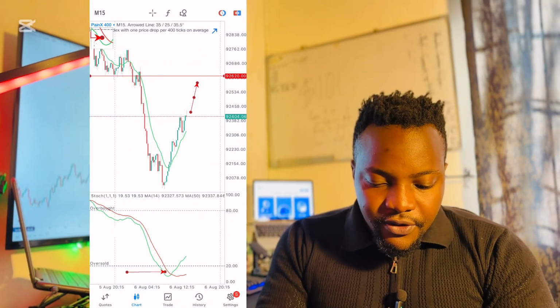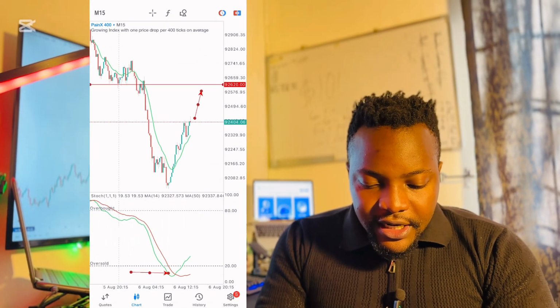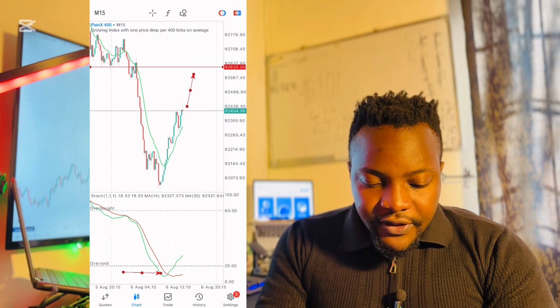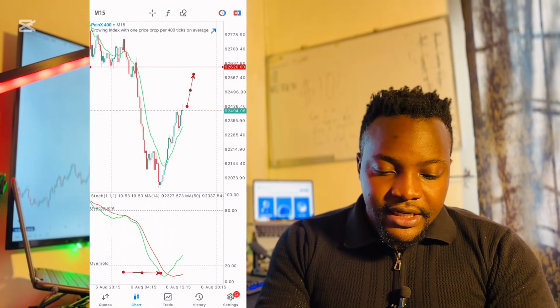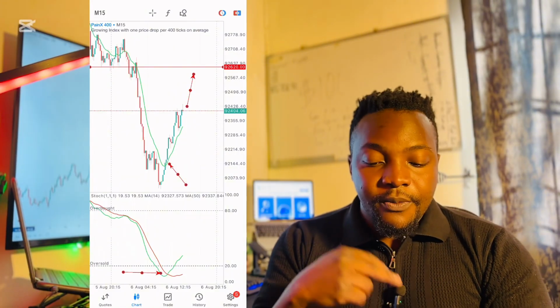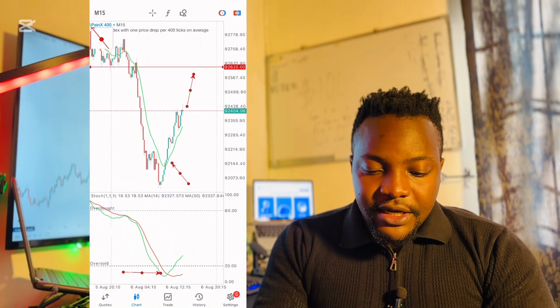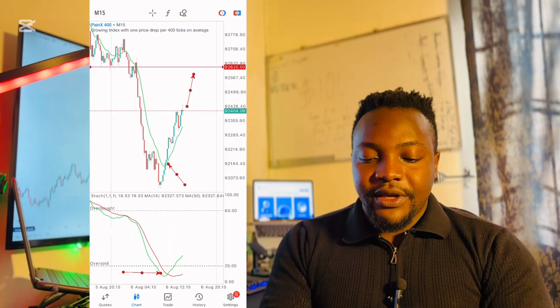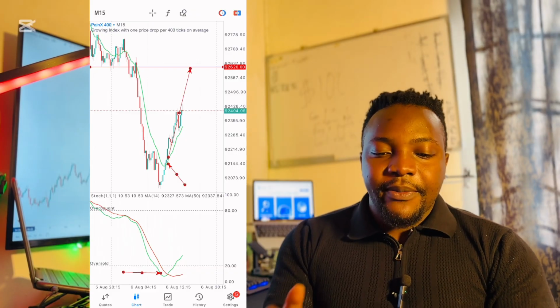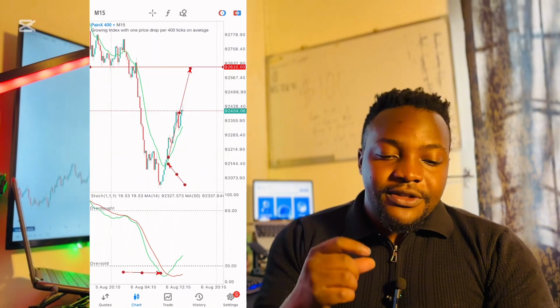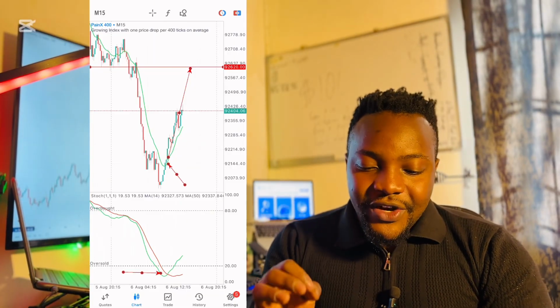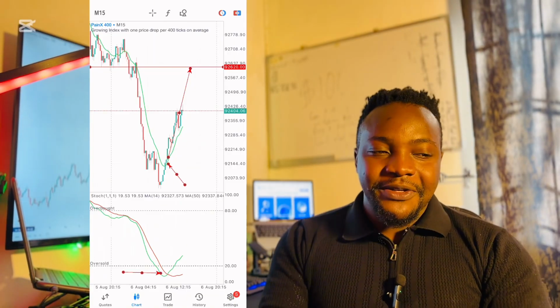Number one, the red line and green line crossed to be above the red line while it's in the oversold section, and you can see a clean impulse move right there where price breaks and goes above the green line, and from there it pushed all the way up. I'm guessing it's going to reach the previous highs, which means that you can also catch this trade again if you have turned on your notification bell.